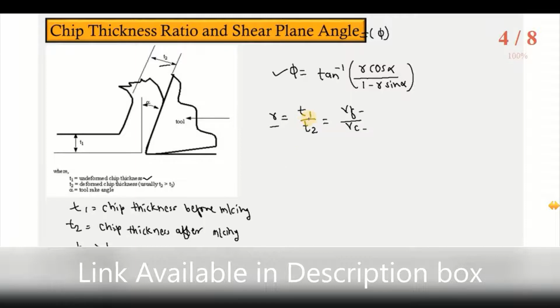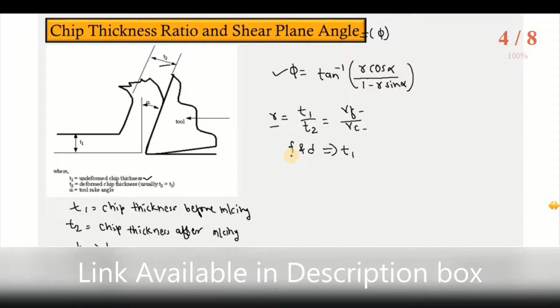Sometimes in the numericals you won't see terms like chip thickness before machining or chip thickness after machining. Sometimes the feed and depth of cut are given. F is the feed and D is the depth of cut, and there F and D are nearly T1, that is the chip thickness before machining.